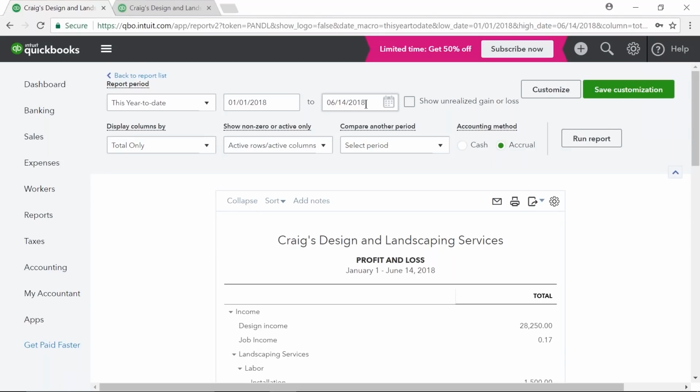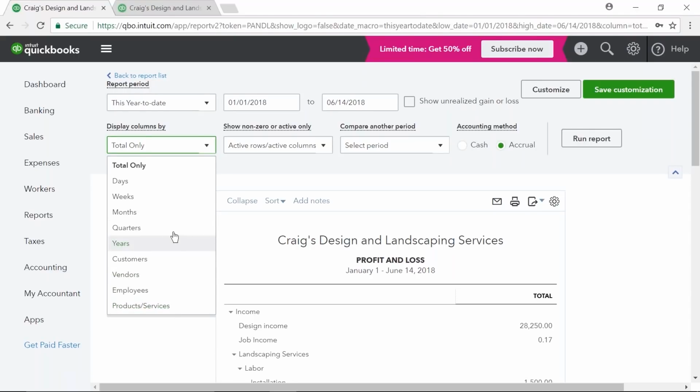So if, for instance, we wanted to see not only our profit and loss statement for this year, which we are currently looking at, but we also want to see it on a month-by-month basis, what we can do is click this Display Columns By drop-down arrow. And from here, you can choose any one of these different metrics to break down your profit and loss.